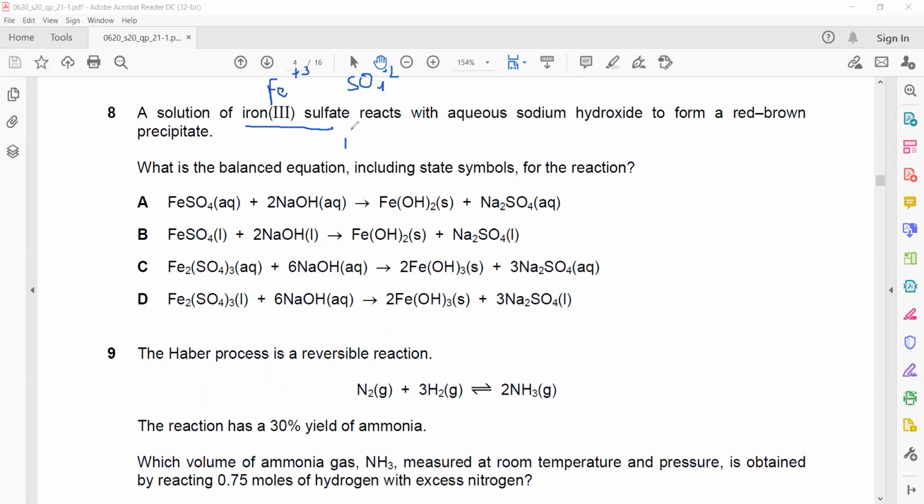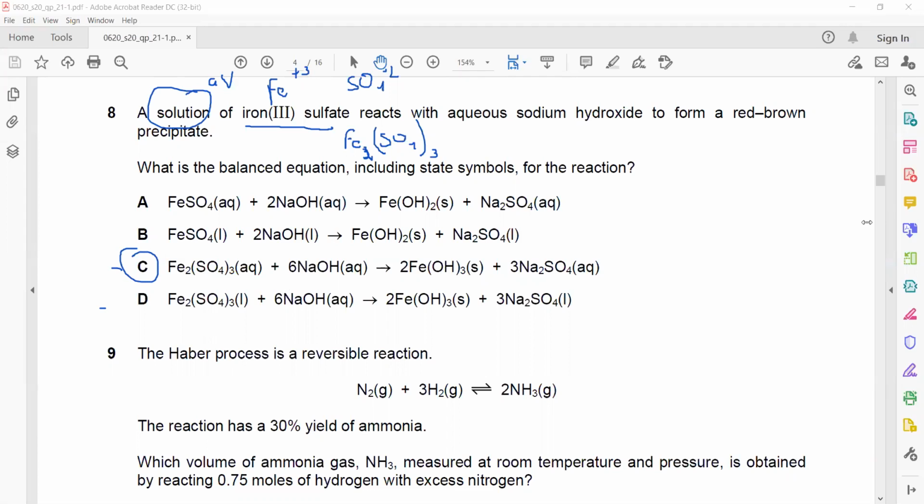So when you simplify, the formula for iron 3 sulfate is Fe2(SO4)3. So either C will be the answer or D. But they mention a solution, so it means it is aqueous. Which one has iron sulfate as aqueous? We have C, iron sulfate as aqueous.